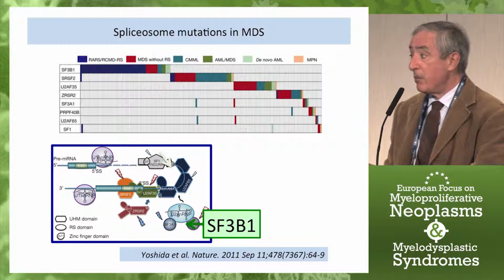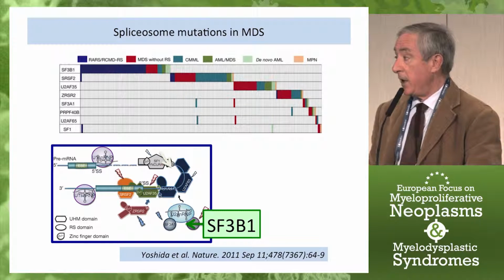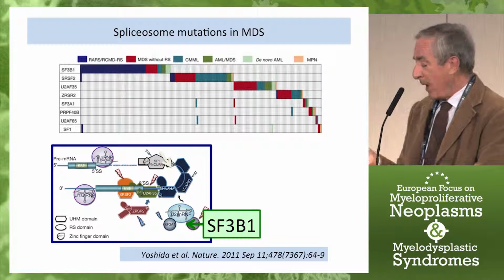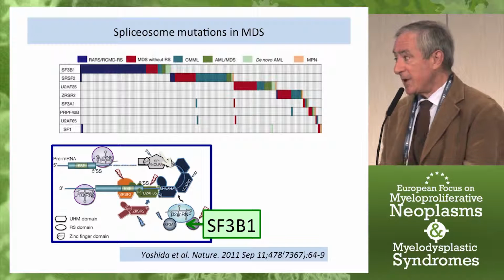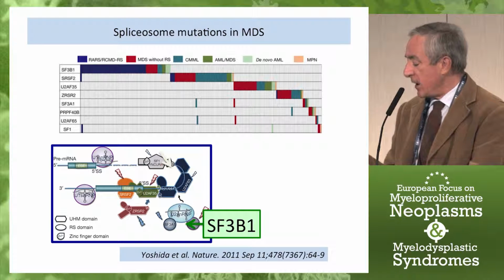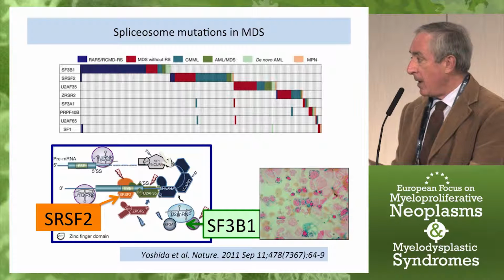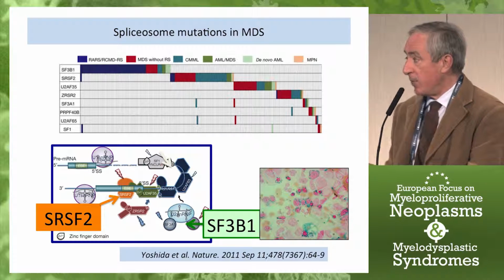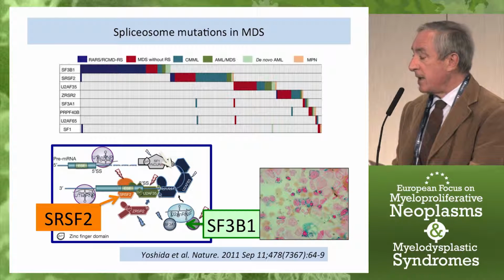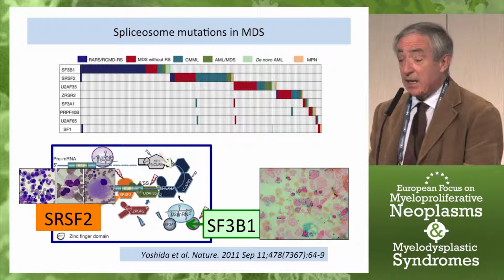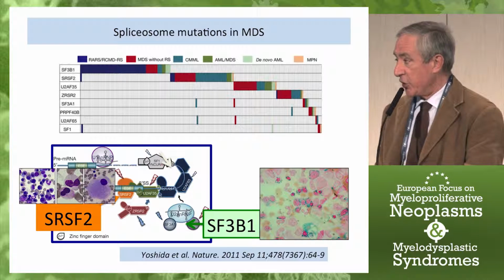So they both operate in 3' splicing, but the phenotypes of the disorder associated with these mutations are quite different. SF3B1 is associated, as we saw previously, with ring sideroblasts, while SRSF2 is associated with multilineage dysplasia.